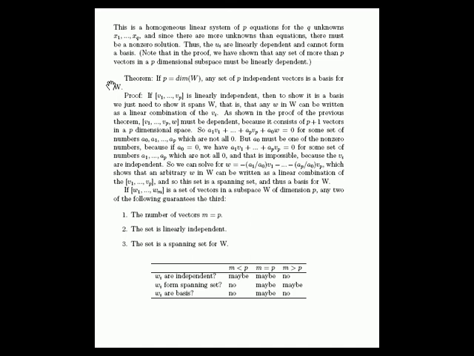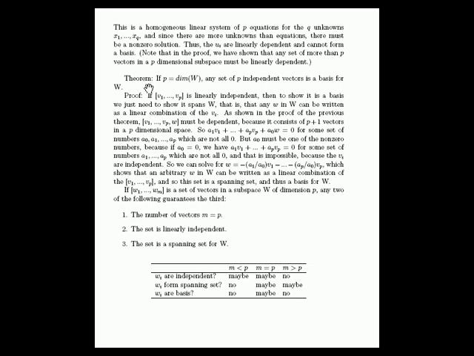A basis is an independent spanning set. So if the dimension of a subspace is p, 10 in the example I just gave, 2 in the example of the xy plane, then any set of p independent vectors is a basis for that subspace. The xy plane is dimension 2, so any 2 independent vectors would be a basis.